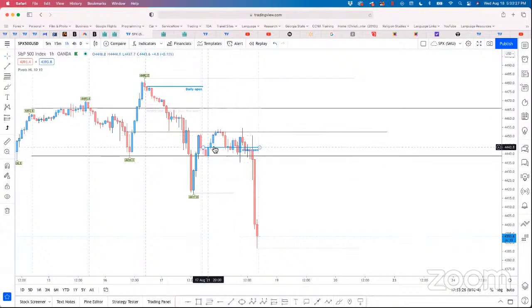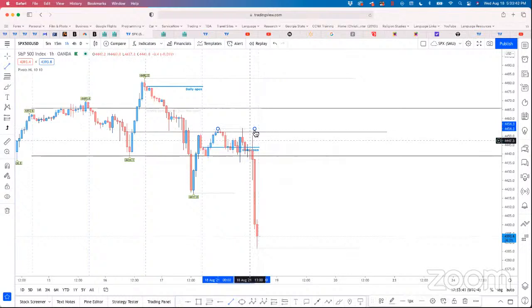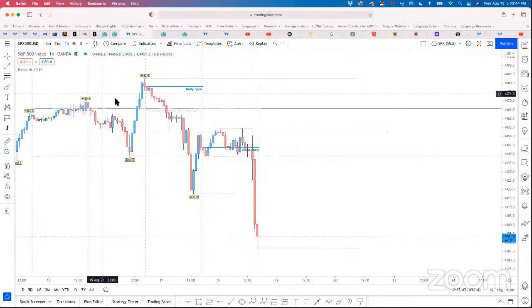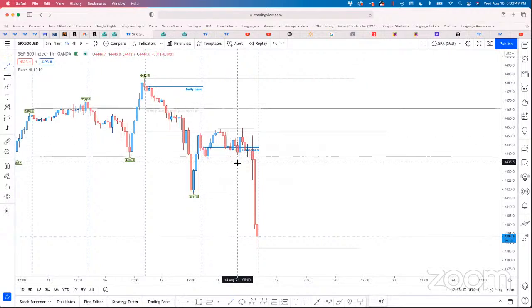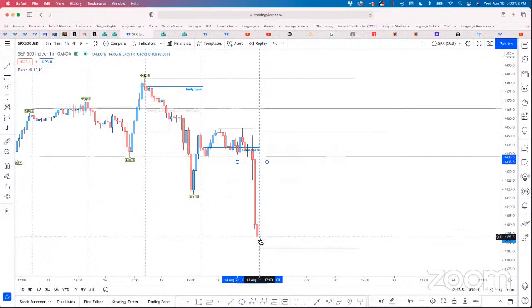So now, once we establish what's going on within this day, right? For this day, the high on today was right here. At the time of trading, we made the low for the day right here until it was taken out, right?